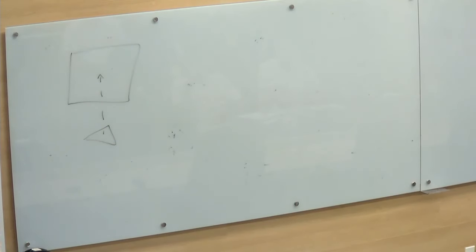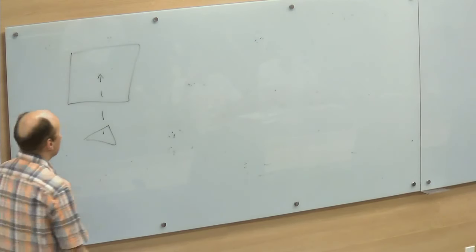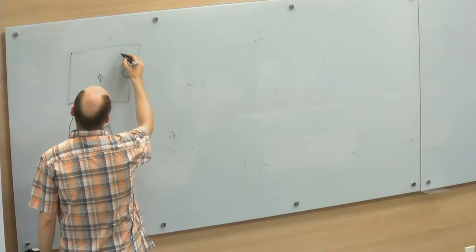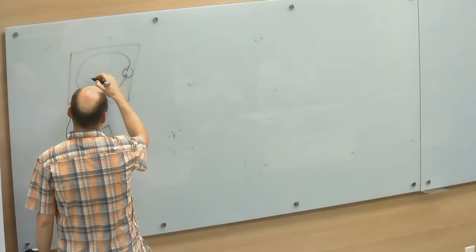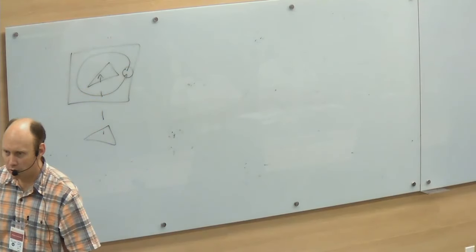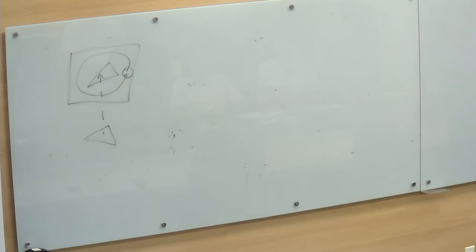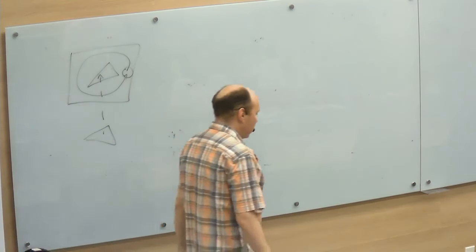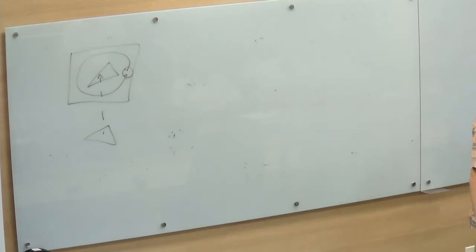A circular car runs around the smaller polygon, and you want to put it in such a way that the size of the car that can run around it is as big as possible, the biggest possible car. So what is the possible solution to this?